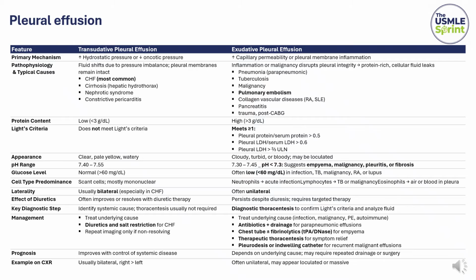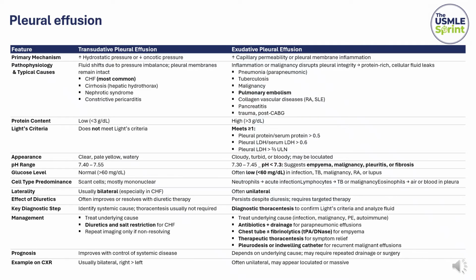The fluid may be loculated, and gram stain or culture may or may not be positive. If the infection progresses further, it becomes empyema, in which pus accumulates in the pleural space and cultures are almost always positive.